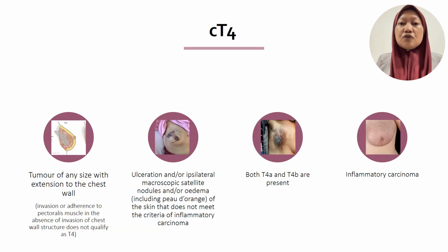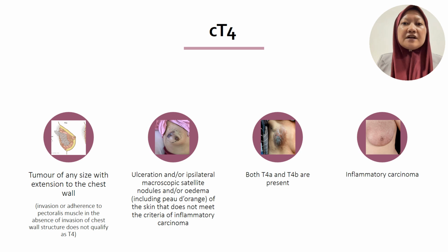Clinical staging for T4 tumors is categorized into 4 distinct types based on the extension of the tumor. T4a indicates that the tumor has extended to the chest wall, affecting the underlying tissues. T4b, the tumor has invaded the skin, which can manifest as ulceration or other changes in the skin's appearance.